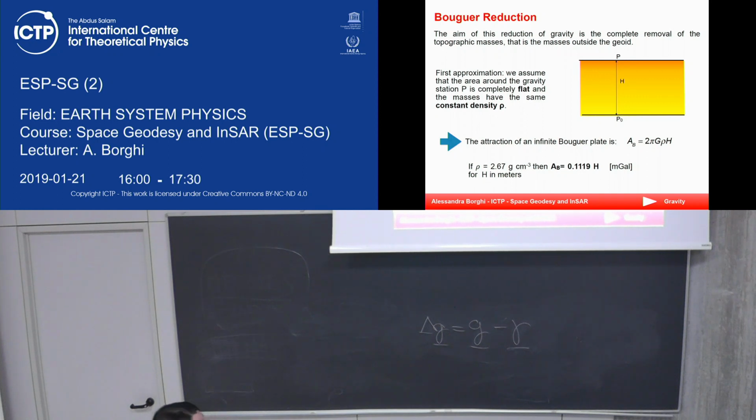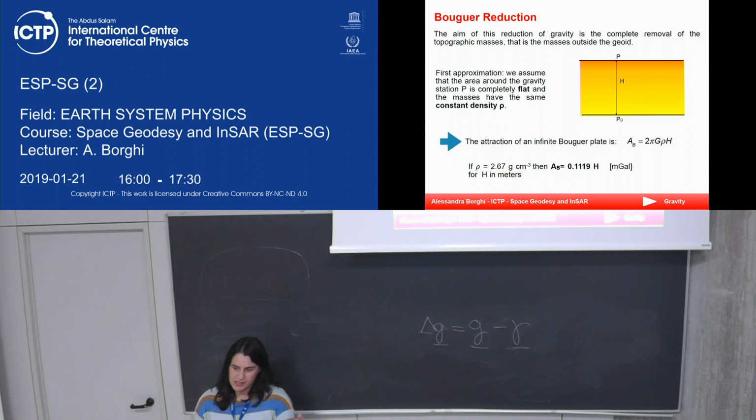So, an important reduction really used in geophysics is the Bouguer reduction. Usually when you speak about gravity with people from the geophysical community, you speak about Bouguer anomaly. When we speak with people from geodesy, we speak about gravity anomaly. We don't compute Bouguer anomaly because for us the gravity anomaly is important to compute, for instance, the geoid.